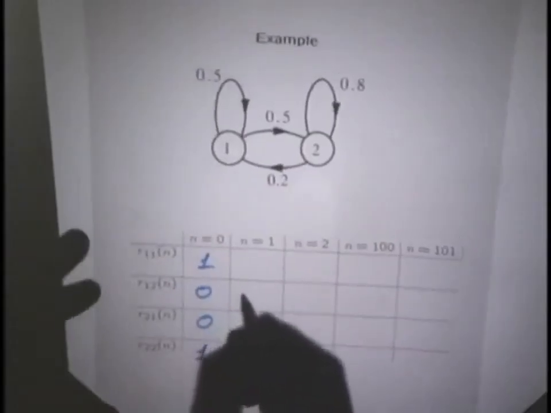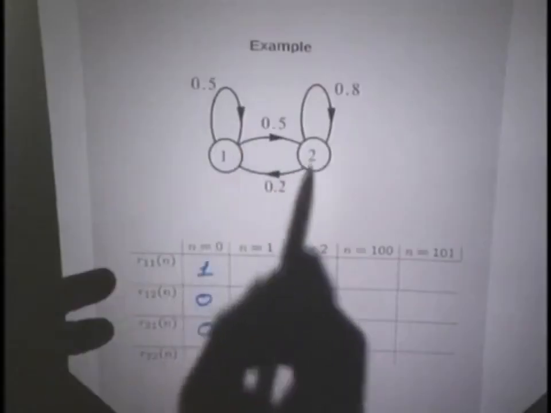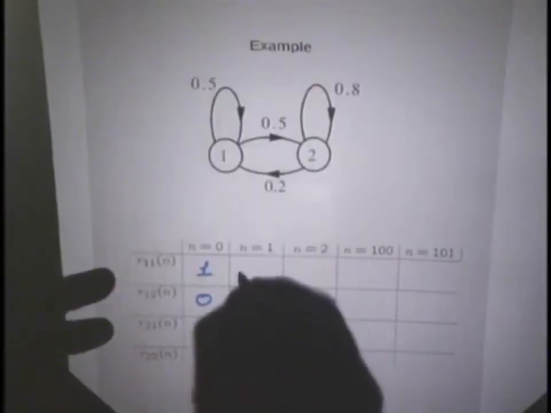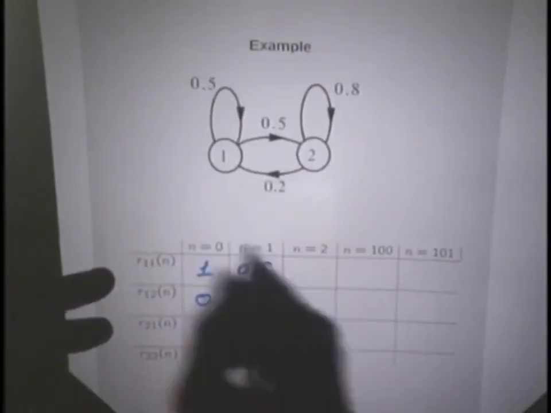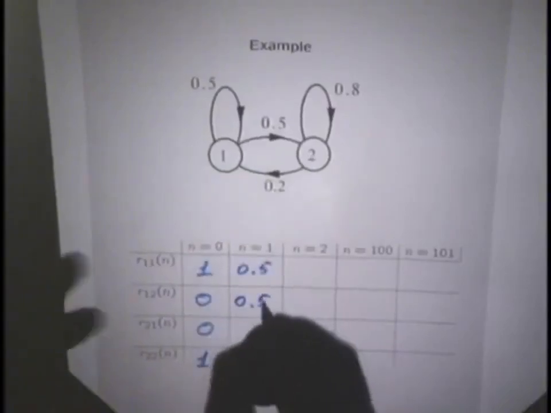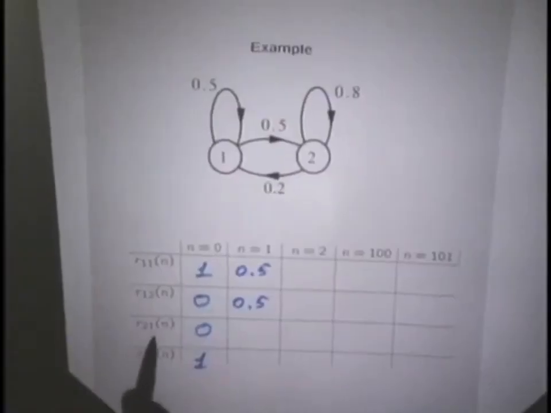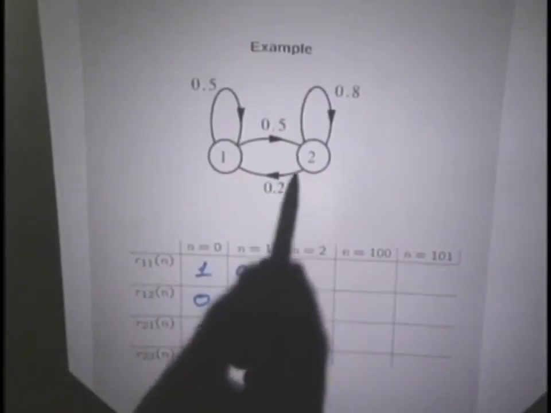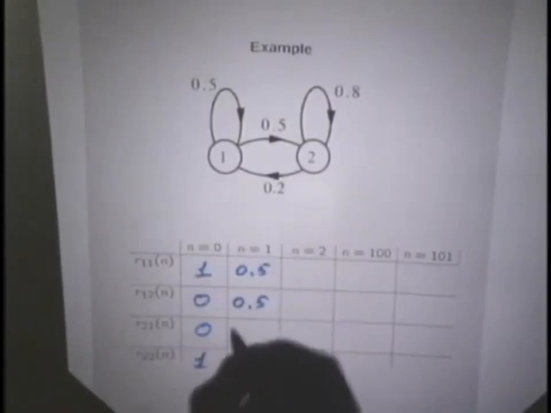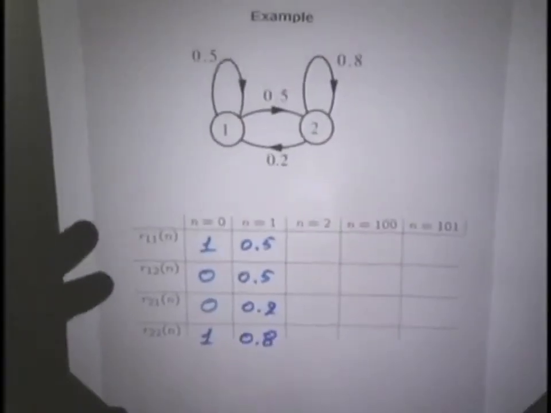After I make one transition, starting from state 1, there's probability 0.5 that I stay at state 1, and there's probability 0.5 that I move to state 2. If I were to start from state 2, the probability that I go to 1 in one time step is this transition that has probability 0.2, and the other one is 0.8.